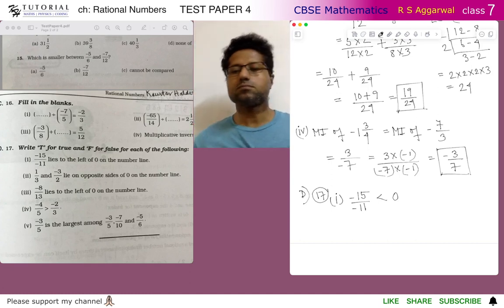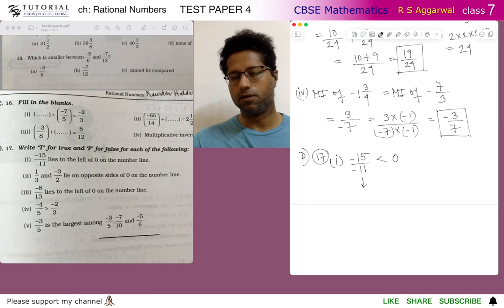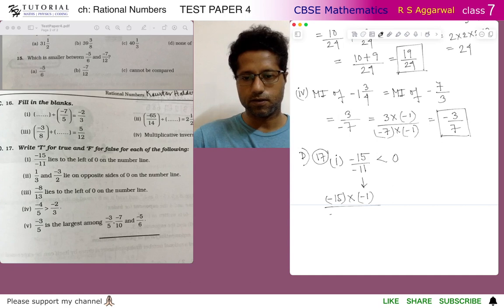Now minus 15 by minus 11 is a rational number with a negative denominator, so first we will make the denominator positive. So this will be minus 15. To make the denominator positive, we multiply both the numerator and the denominator by minus 1.